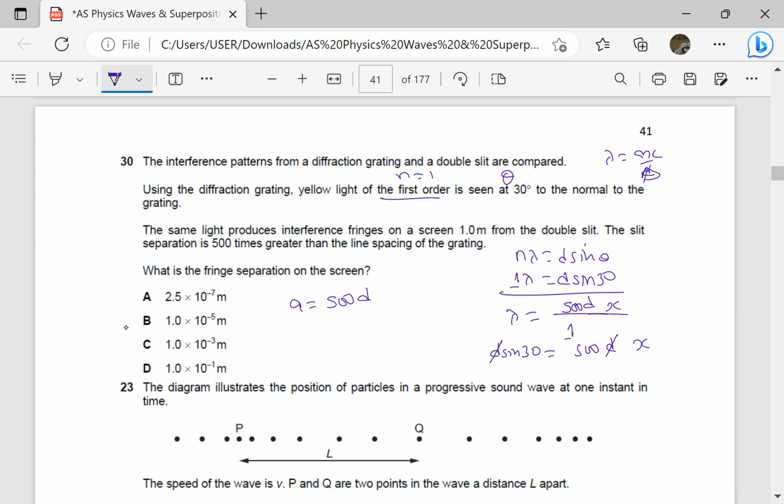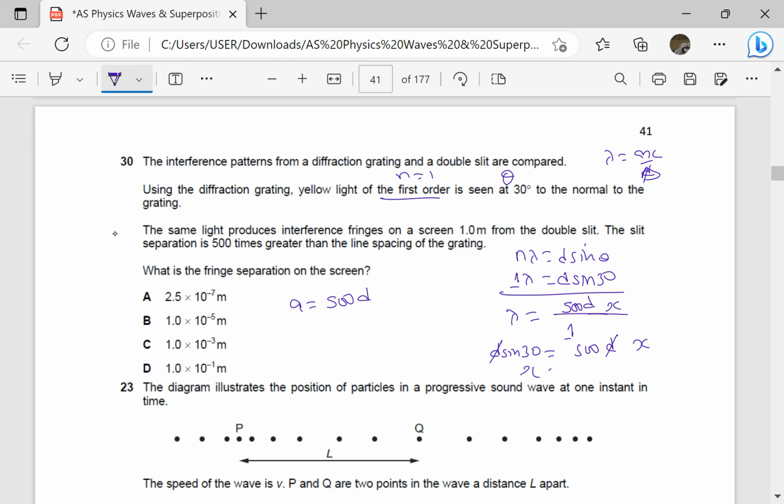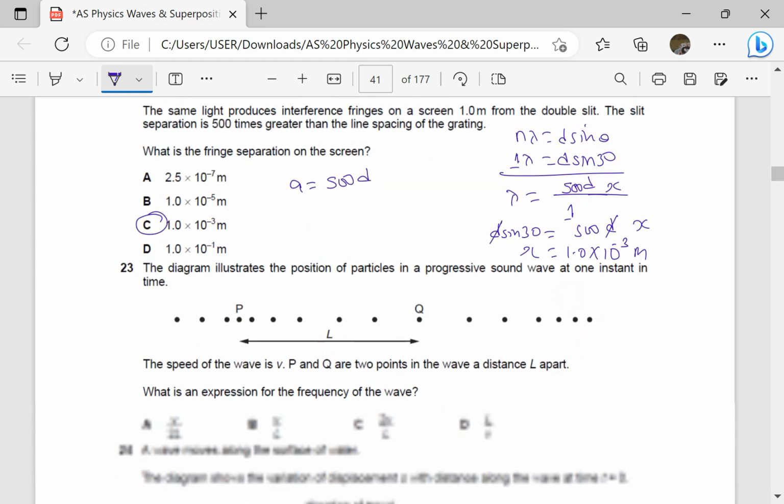So x is going to be equal to sine 30 divided by 500, which is going to be 1.0 times 10 power negative 3. So x is going to be 1.0 times 10 power negative 3 in meters. So the answer is going to be C.